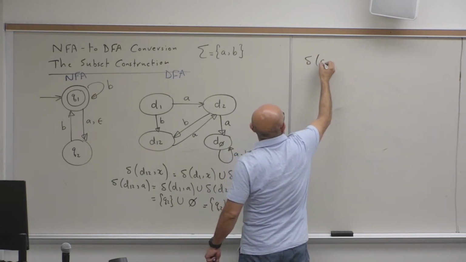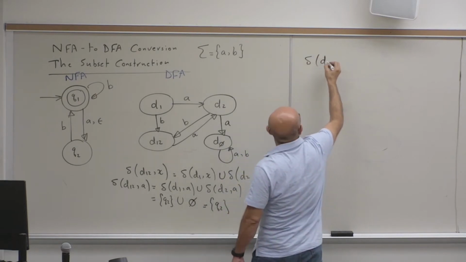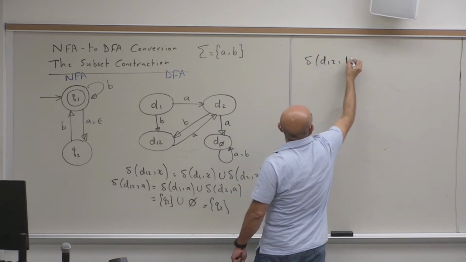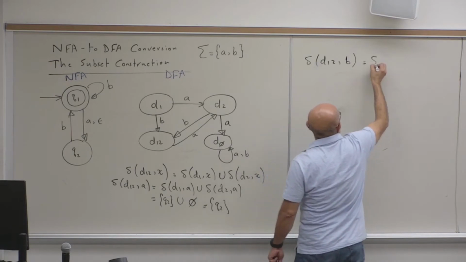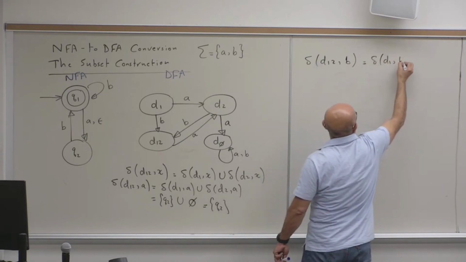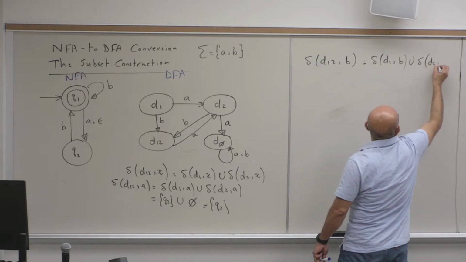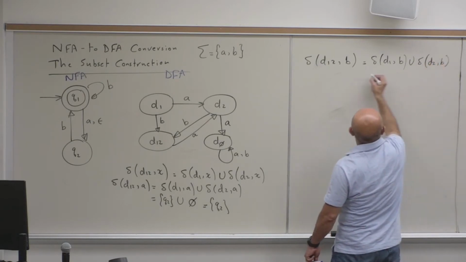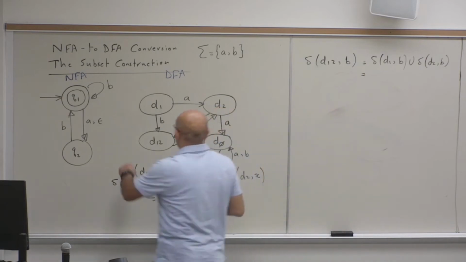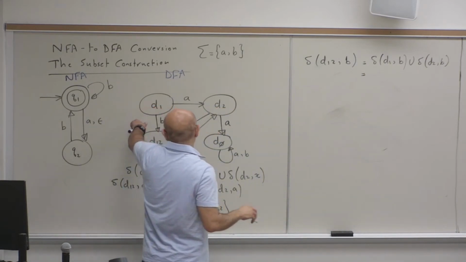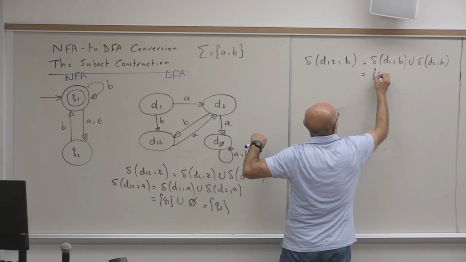delta of D1, 2, and B? This is going to be delta of D1 and B union delta of D2 and B. And D1 and B takes you to D12. In fact, I stopped there because this already has all possible states.